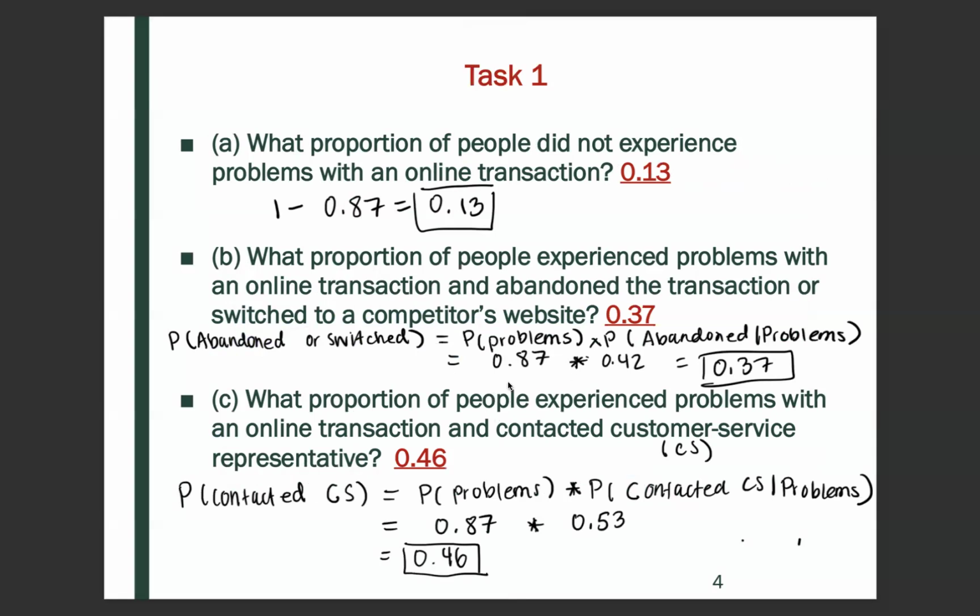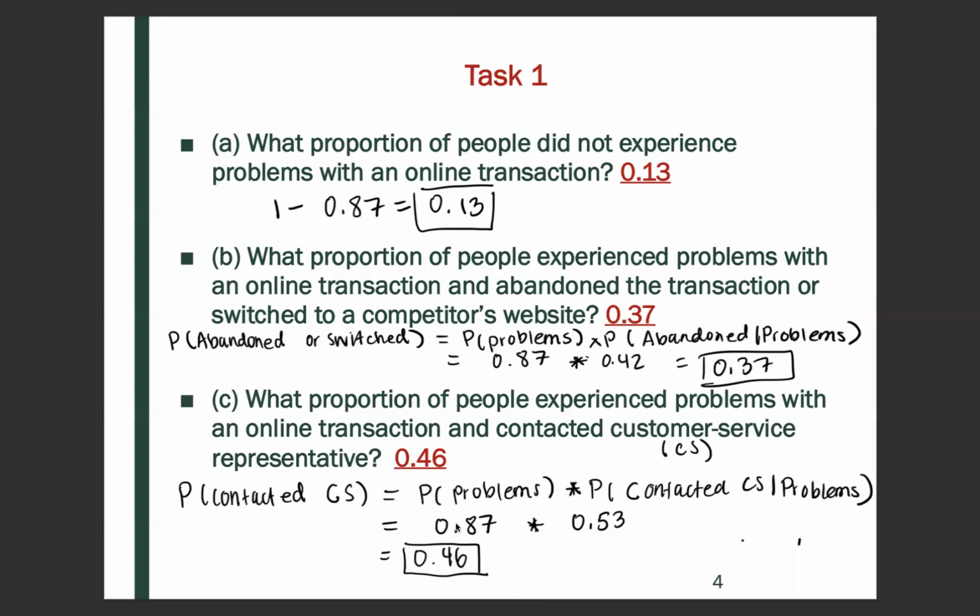What proportion of people experience problems with an online transaction and contacted a customer service representative? So the probability that they contacted a customer service representative, CS stands for customer service, would equal the probability that they experience problems times the probability that they contact customer service, given that they experience the problems.